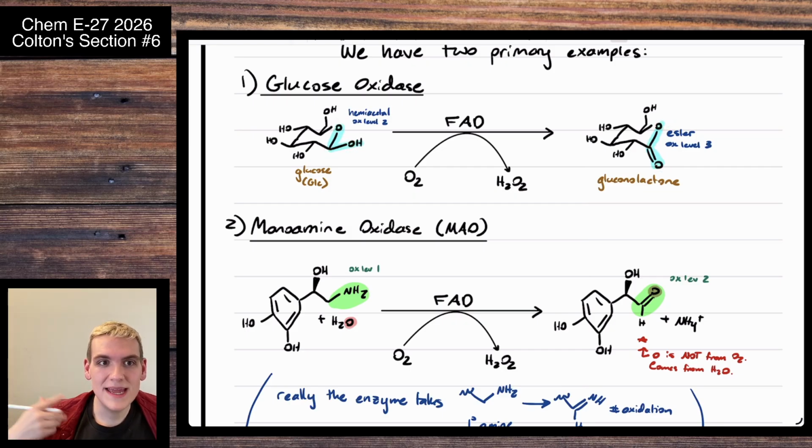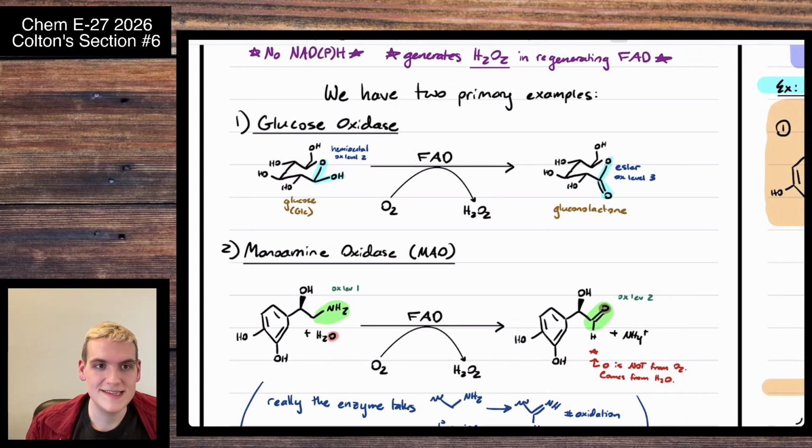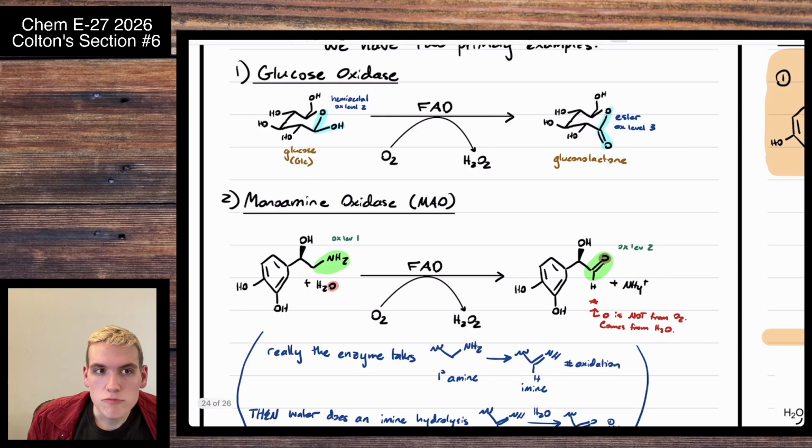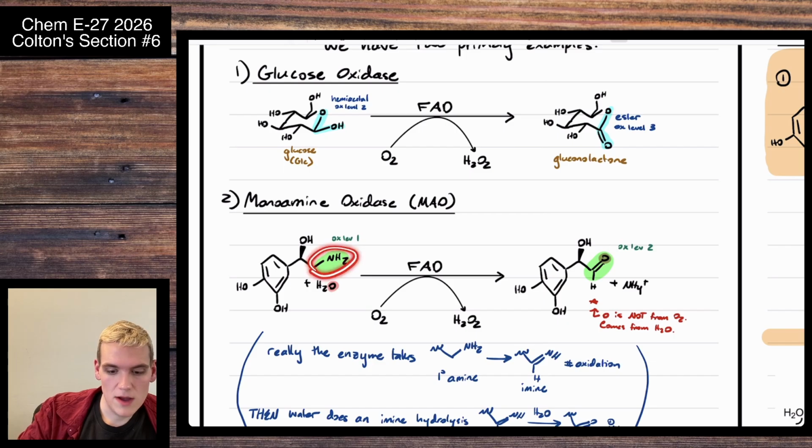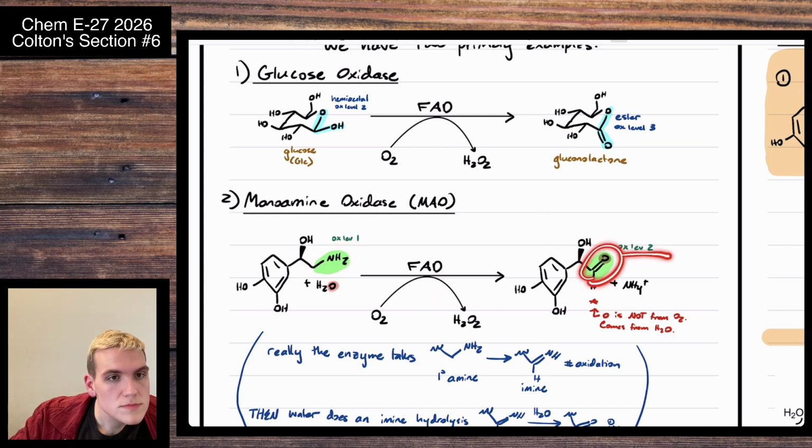The second big type and classic example of an FAD oxidase that we see is called MAO, monoamine oxidase. If we look at it, it looks a little concerning. It takes a substrate where there is an amine at oxidation level 1, and it oxidizes that amine to an aldehyde at oxidation level 2.